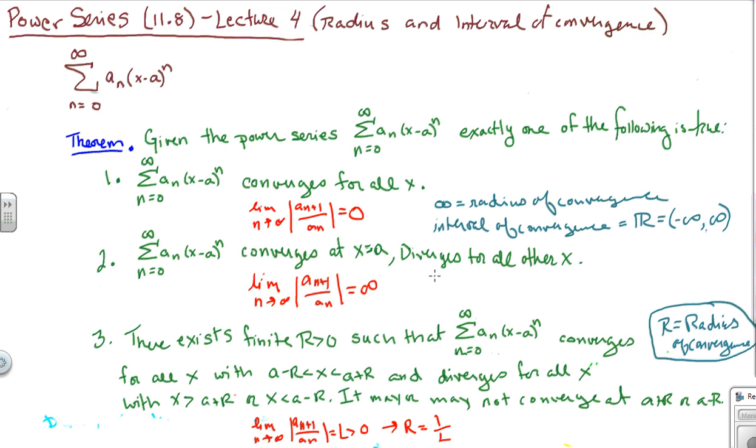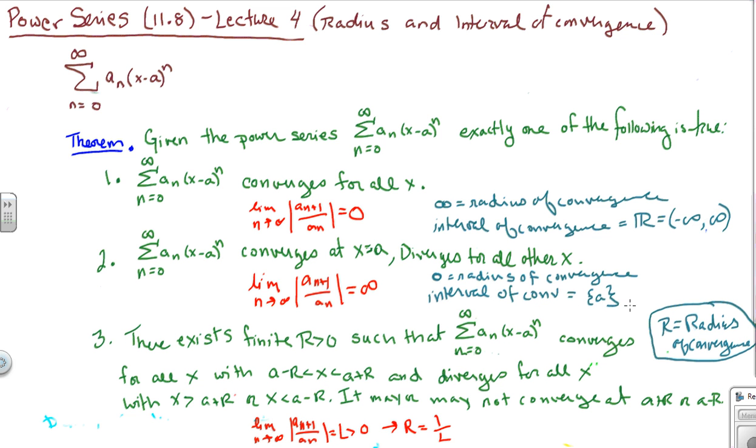And in the second case, the radius of convergence is 0. And the interval of convergence is going to be the singleton a. It's a set that contains only a. Well, it's a closed interval from a to a.